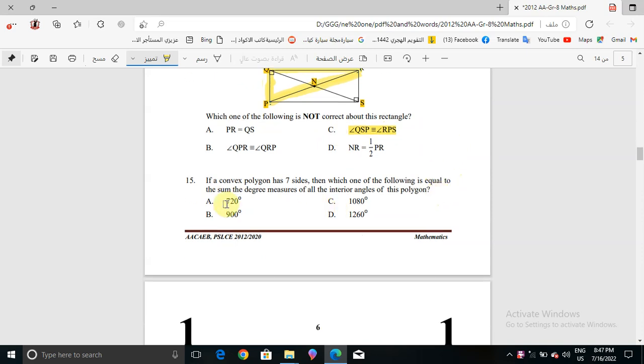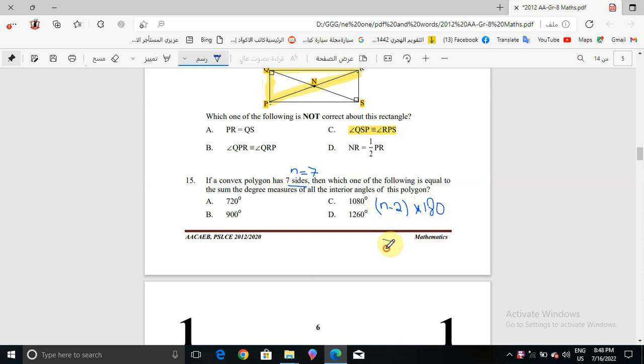Okay, now question number 15. If a convex polygon has 7 sides, then which one of the following is equal to the sum of the degree measures of all interior angles of this polygon? Okay, let's do it together. What we have here is sides, that means n is equal to 7, right? And the formula for the sum of all interior angles of a polygon is n minus 2 times 180.